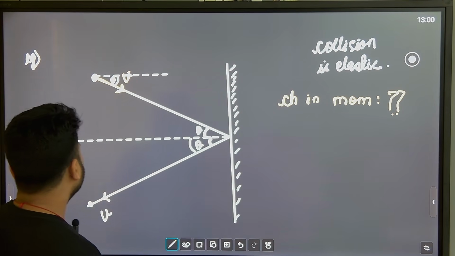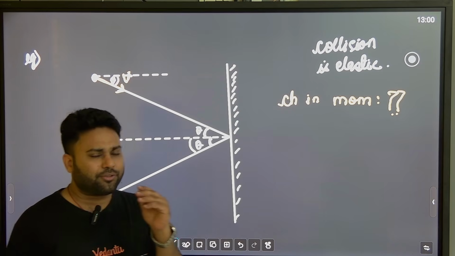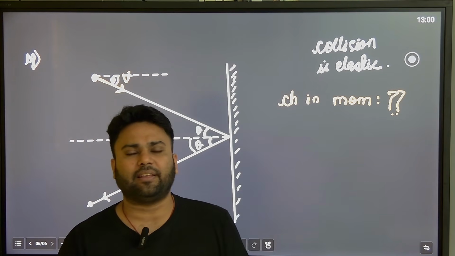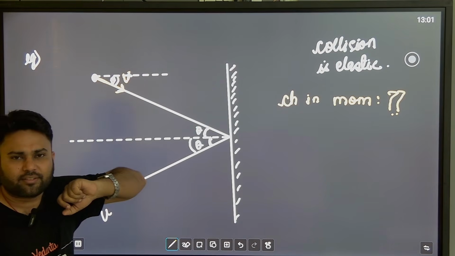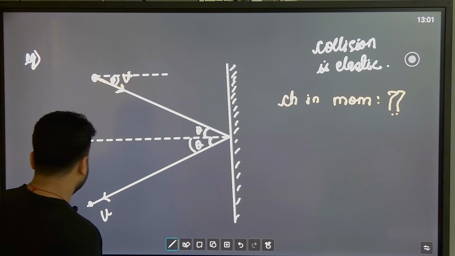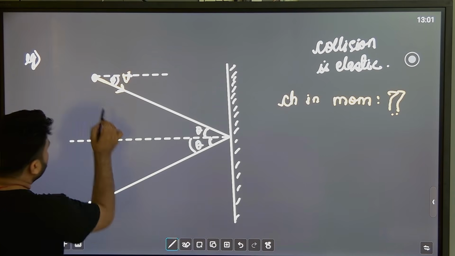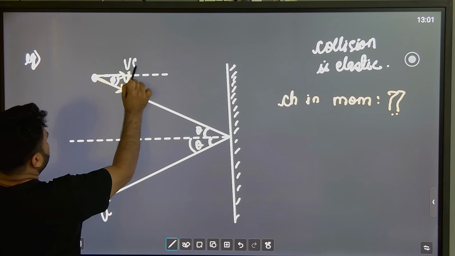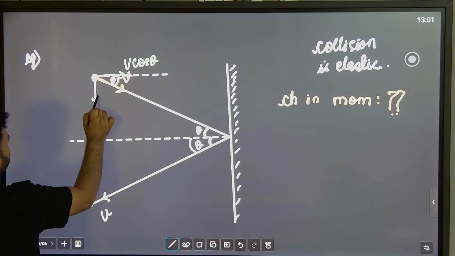So see how we have to do it. We are going to solve this question in the x direction separately and in the y direction separately. Why? Because we can resolve this velocity into two components. Suppose this is v, so this component is v cos theta and this component is v sin theta.